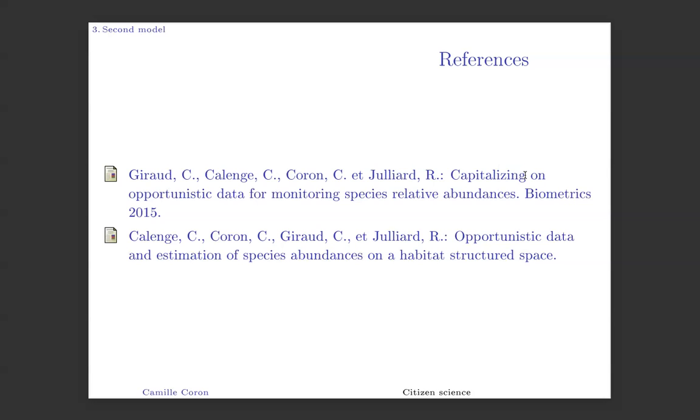Hi, thank you very much for the talk. Very interesting to know that citizen science projects can actually make a difference. That's great. And I was wondering if you made any assumptions regarding the distribution of abundance, the probability distribution. No, we do not make any assumption regarding this.